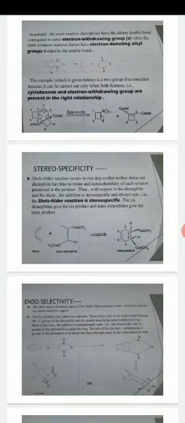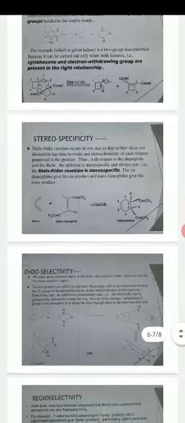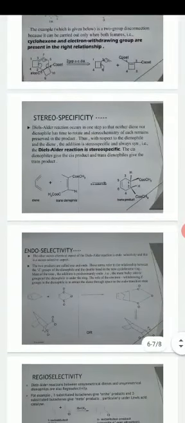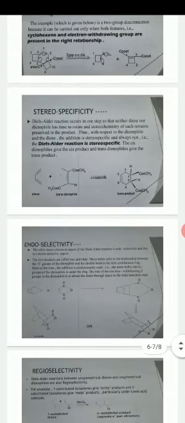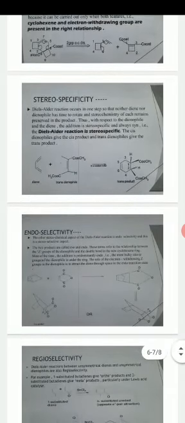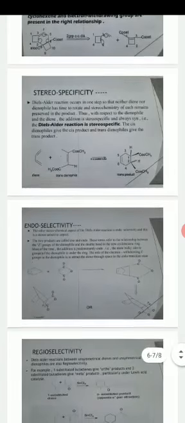And then we can discuss endo selectivity. The other stereochemical aspect of the Diels-Alder reaction is endo selectivity, and this is the stereoselective aspect. The two products are called exo and endo. These terms refer to the relationship between the Z group of the dienophile and the double bond in the new cyclohexene ring.